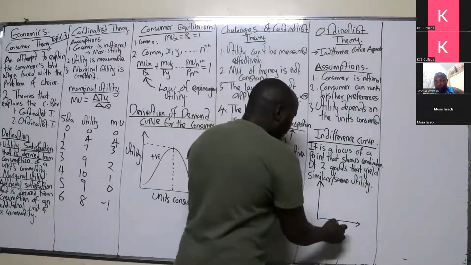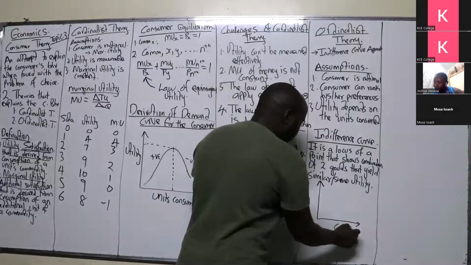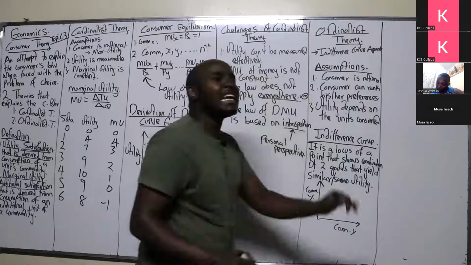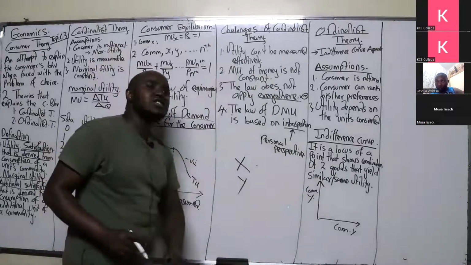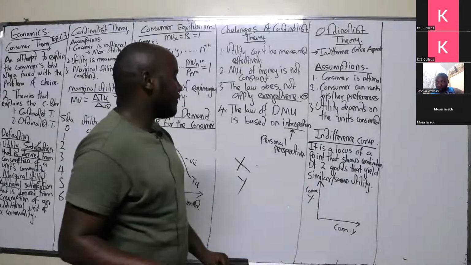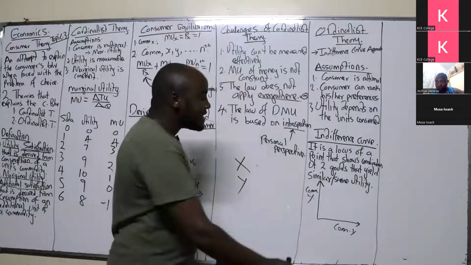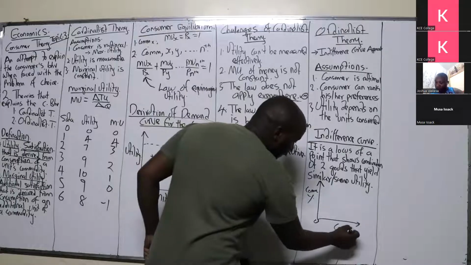You have commodity X and commodity Y. The diagrammatical representation of an indifference curve is this. We have commodity Y on the Y-axis and commodity X on the X-axis.